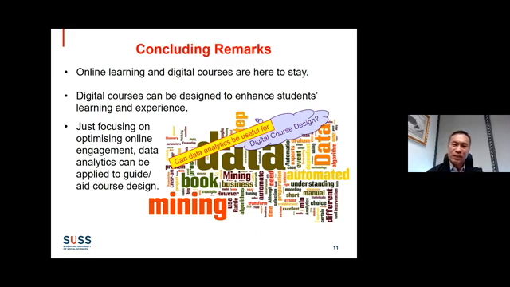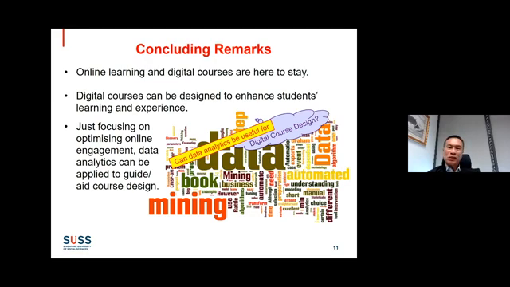And in this presentation, we're looking at course design as one of the important antecedents that we can use to influence learner engagement, especially for online courses. There's still a limitation that my presentation focuses mainly around online engagement and using data analytics to guide us and to help us in course design.